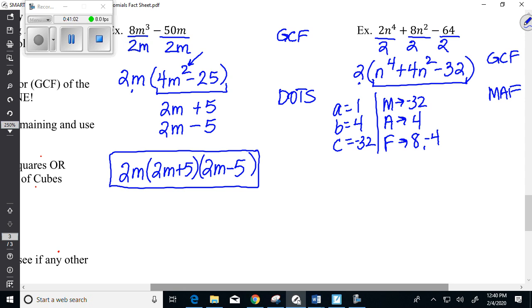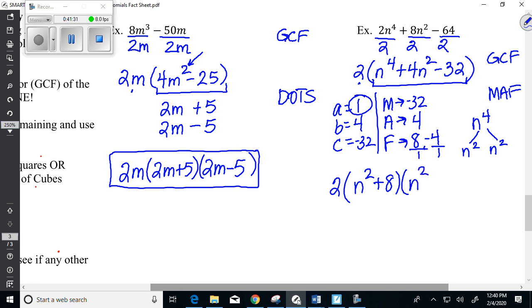Since the leading coefficient was 1, we would divide both of them by 1, but that's not going to change anything. And also notice that you have n to the 4th power. So n to the 4th breaks itself down into n squared and n squared. So our factors become the 2 that you took out at the start of the problem, n squared plus 8, and n squared minus 4.